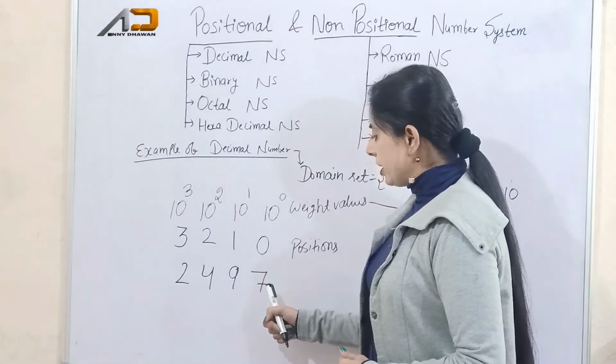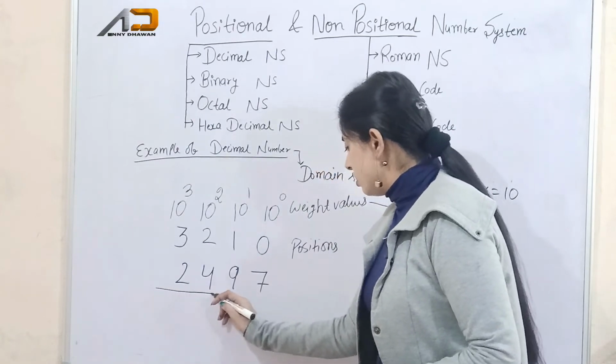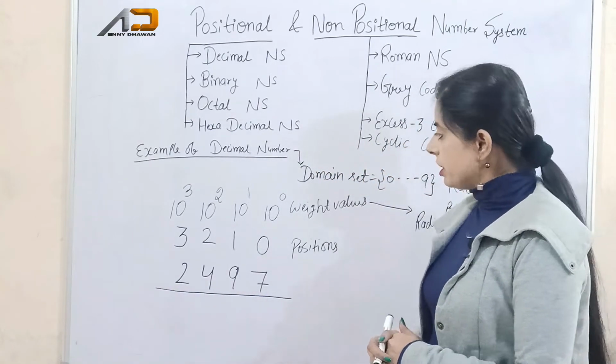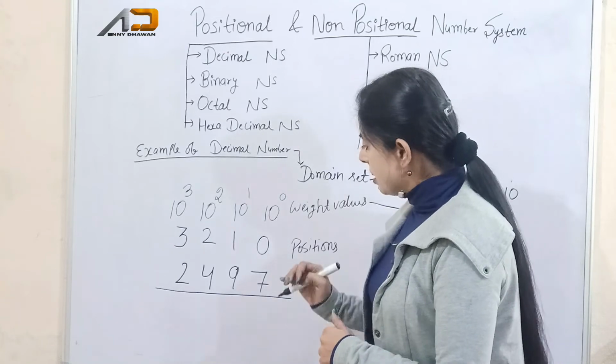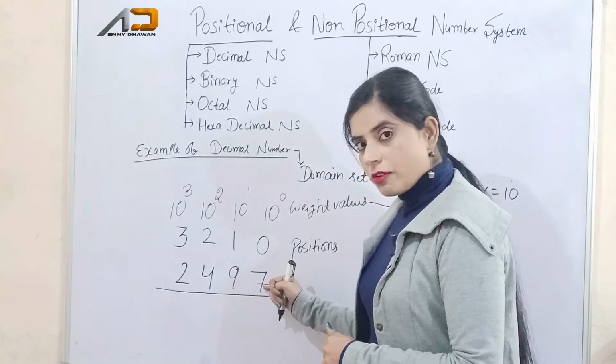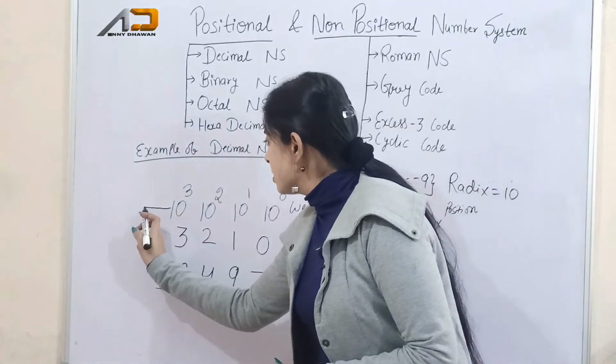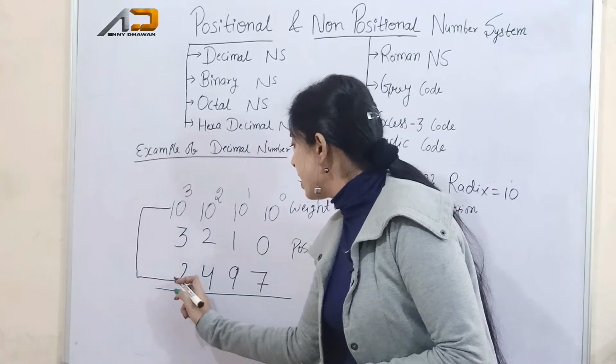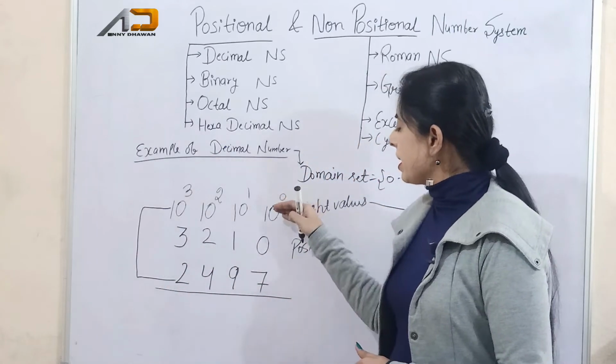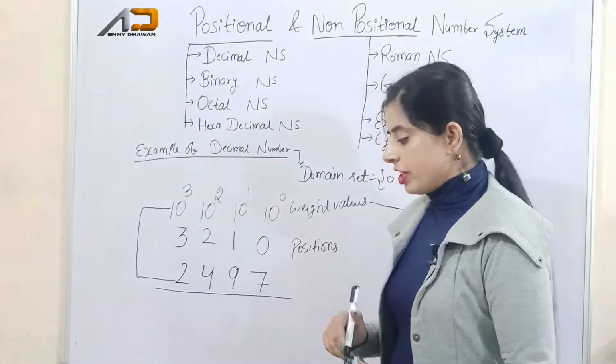Now find the value of each of the positions. And how can you find the value of each of the positions? Multiply the digit itself by its corresponding weight value. That is, you have to multiply these digits by their corresponding weight values.